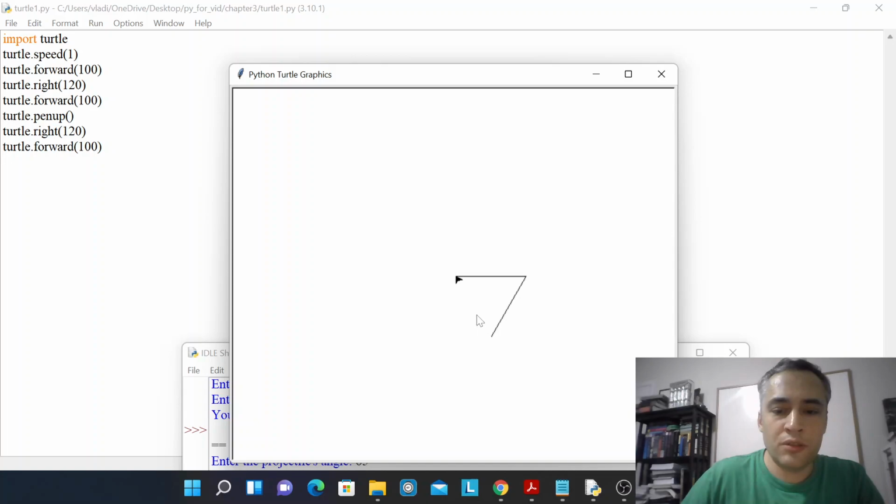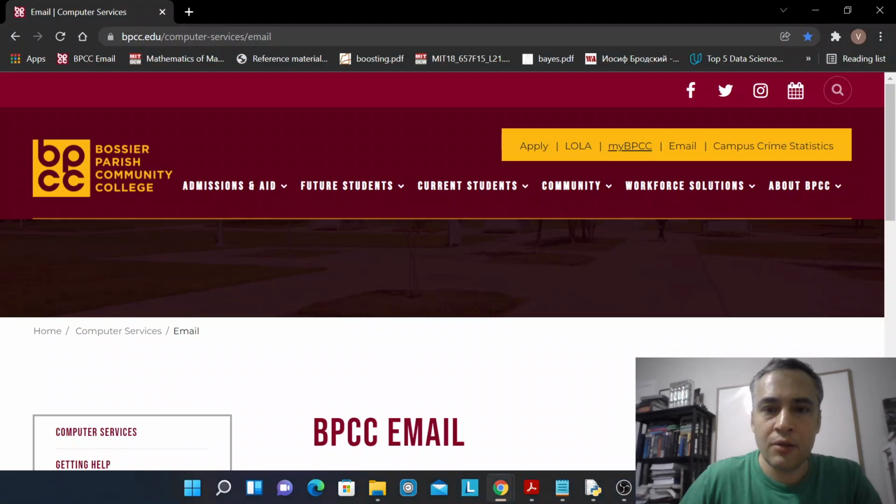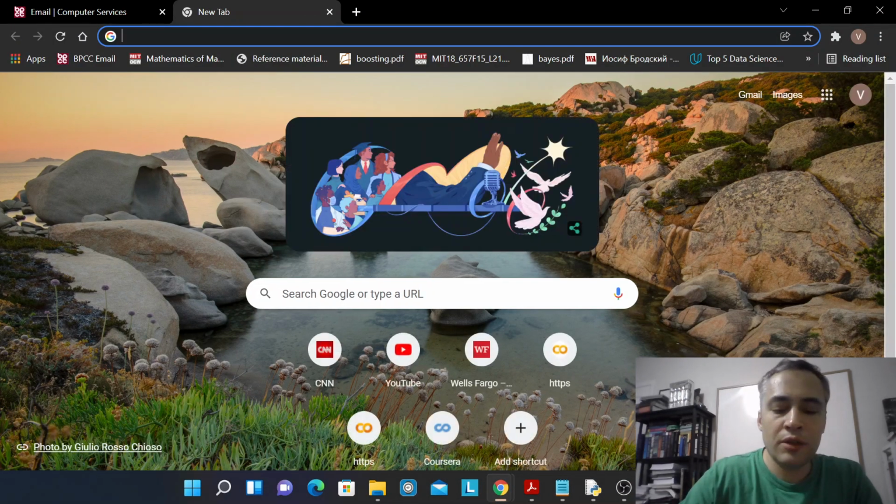So the turtle did the third side of the equilateral triangle, but it did not trace it because I said pen up. So that's some of the things that you can do with the turtle, and if you want to learn a lot more from it, by all means, go and learn.